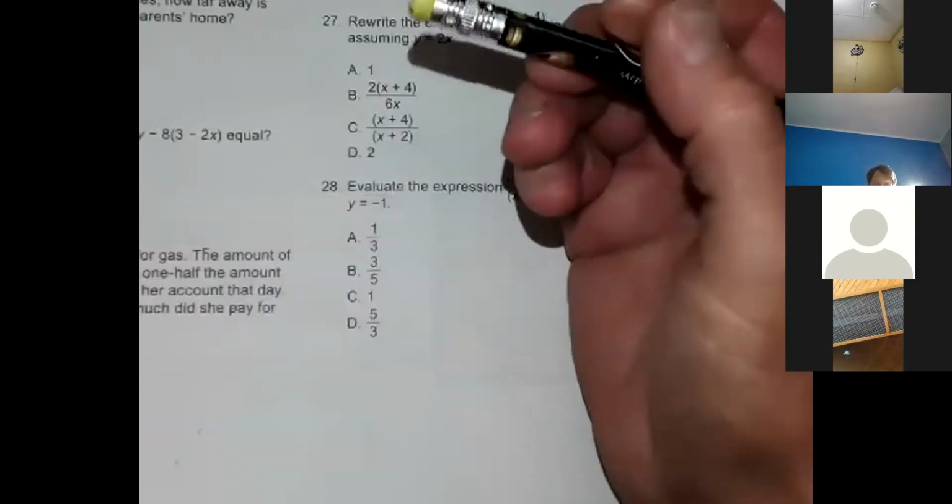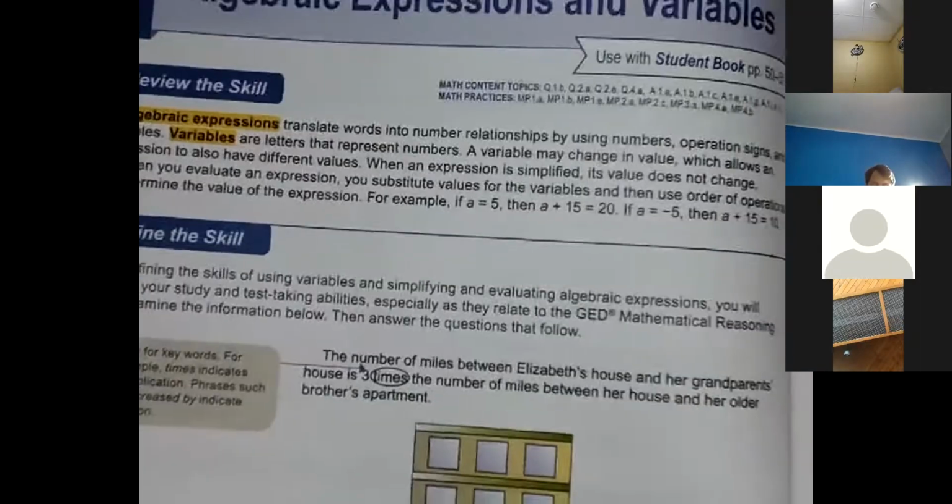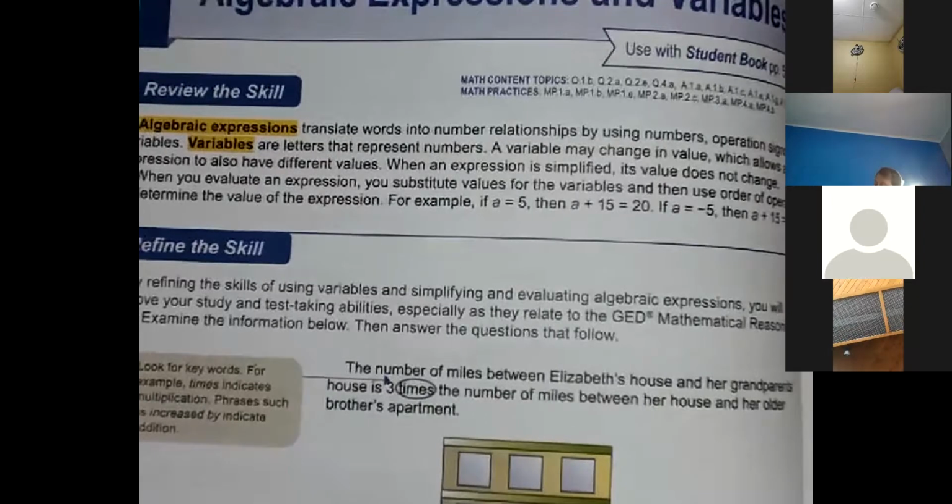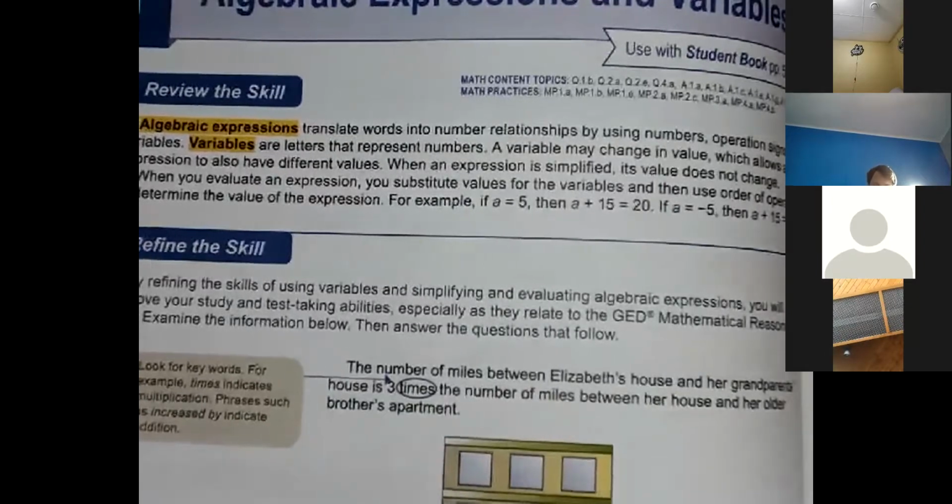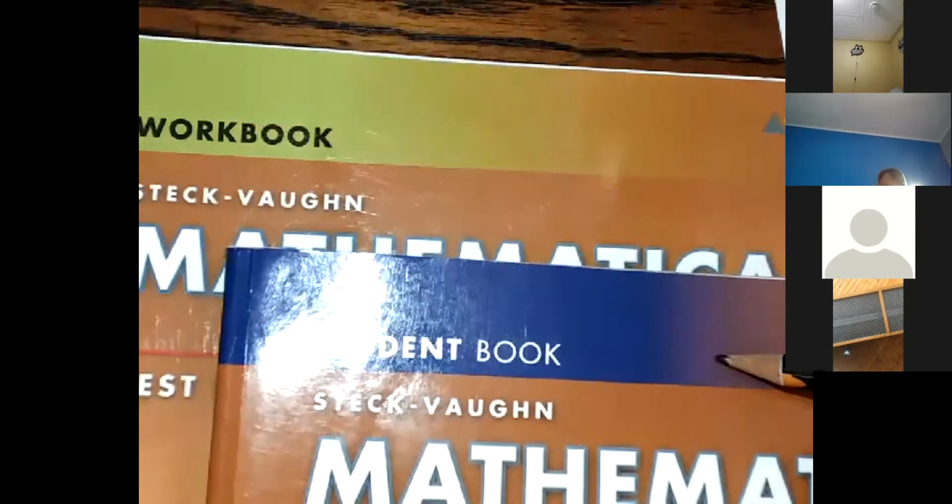All right, so I have a collection of problems out of the other book, the companion book. This is the one we worked out of today, and this is the companion book.